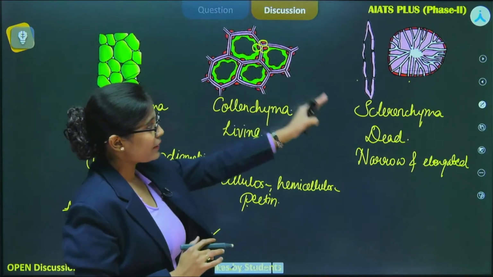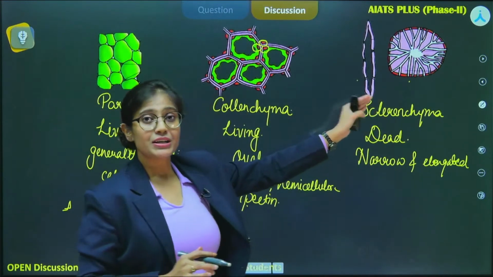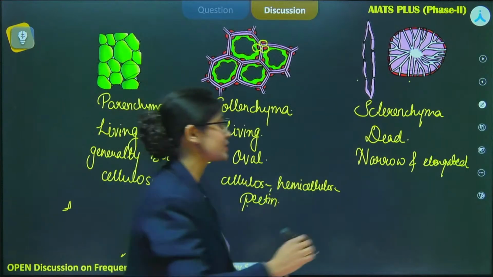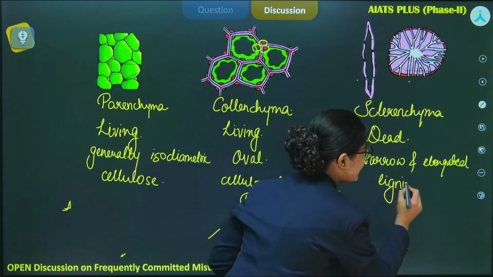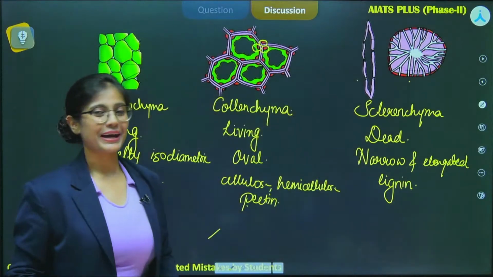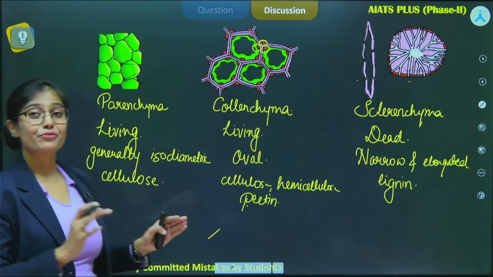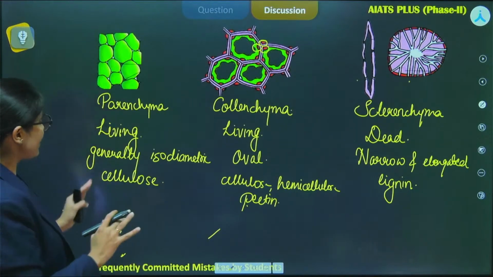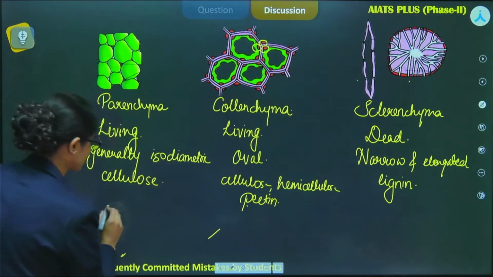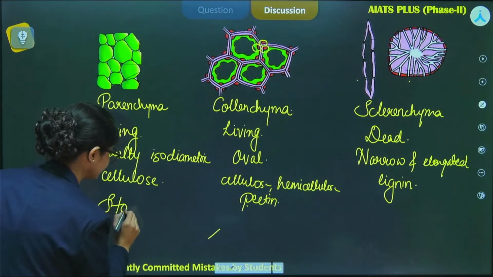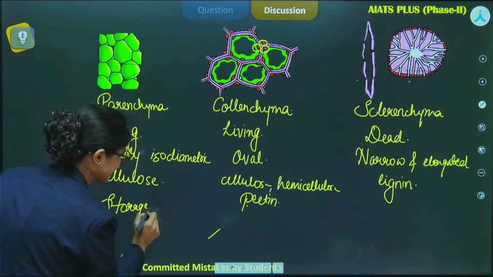Now, if we talk about sclerenchyma, here the cell wall has a deposition of lignin, which provides them strength. Right? Now, if we see the functions, parenchyma performs the functions of storage and secretion.